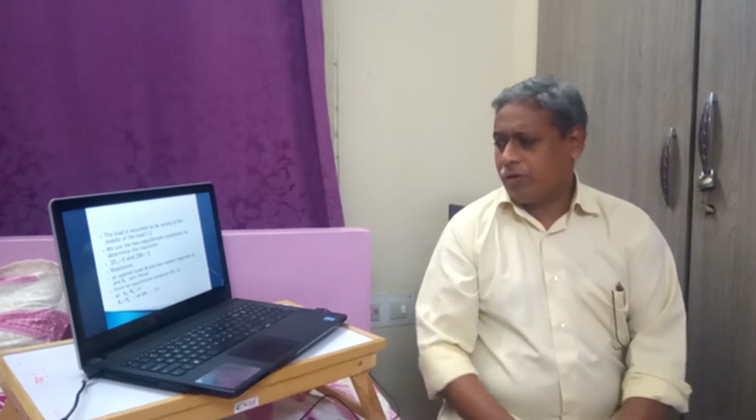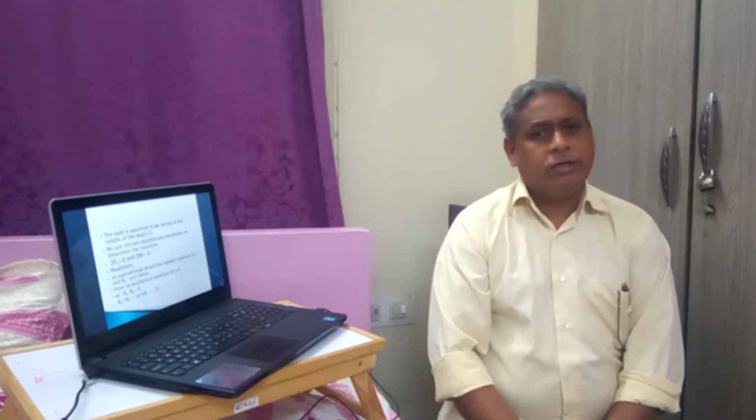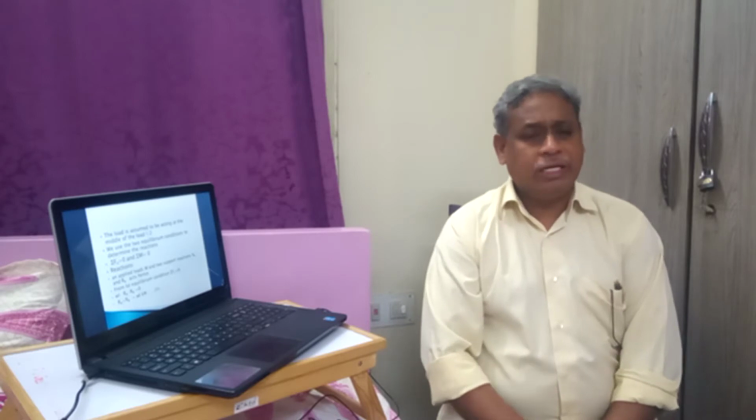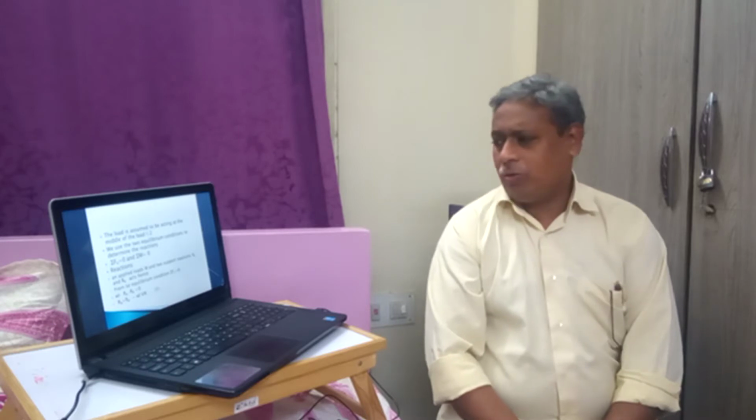Therefore WL, the applied load, minus Ra minus Rb is equal to 0, because W is vertically downwards, and Ra and Rb are acting vertically upwards. Therefore Ra plus Rb is equal to WL. We know that the entire load should be shared by Ra and Rb. That is why Ra plus Rb, the two reactions, should be equal to the applied load WL.